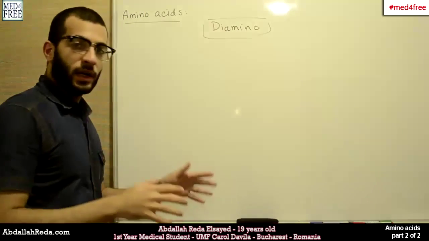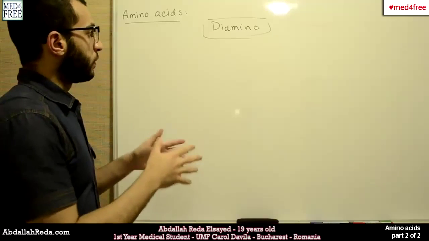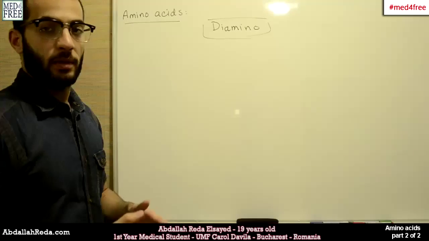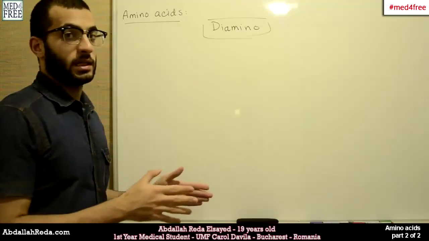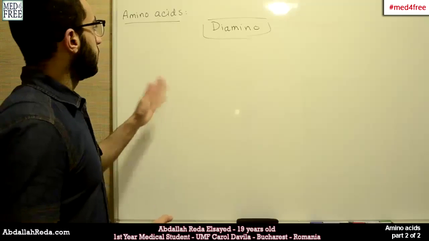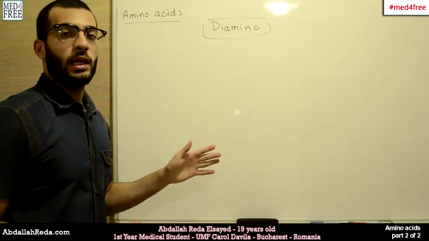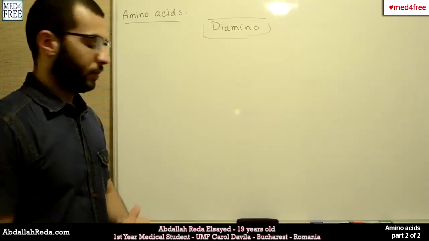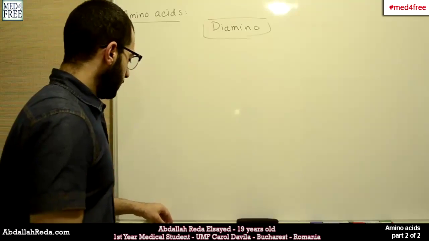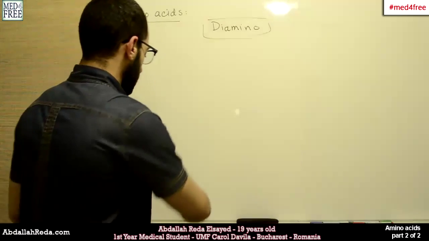So on the contrary to the group which is called dicarboxylic monoamino amino acids, which are aspartic acid and glutamic acid, these amino acids, lysine and arginine, they have an extra amino group. And their structure goes like this.